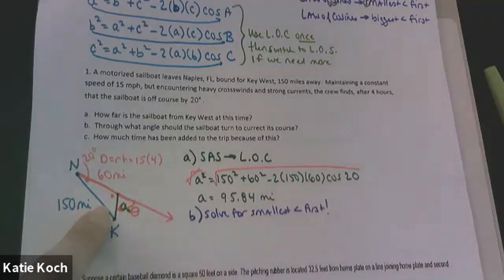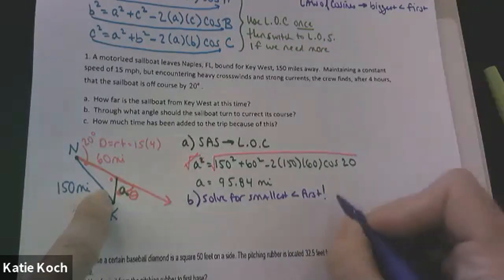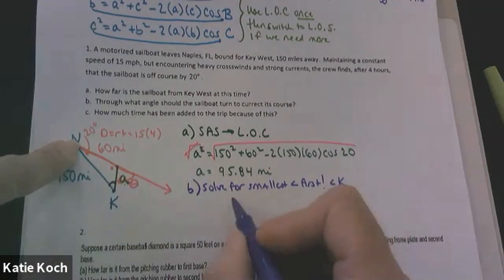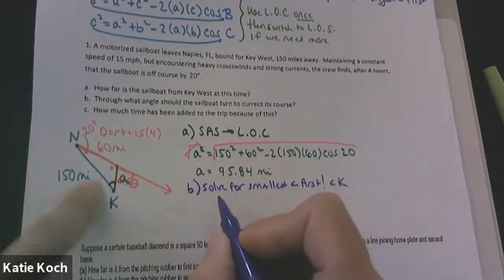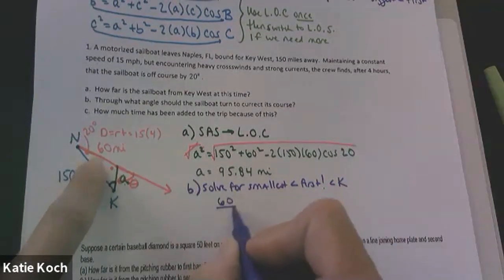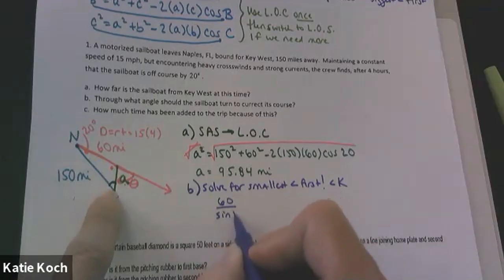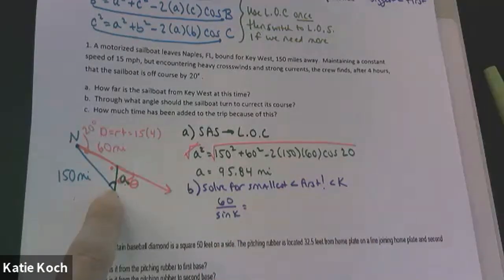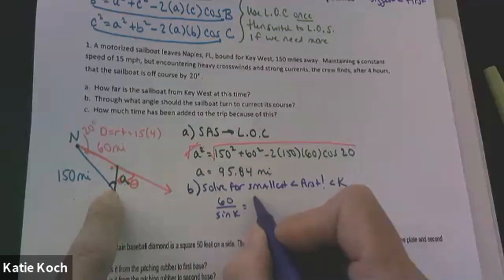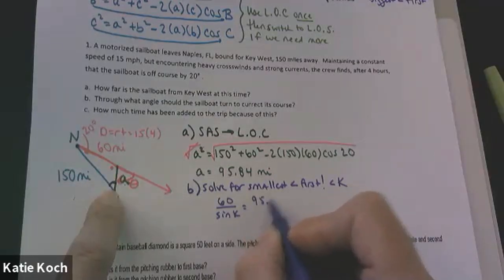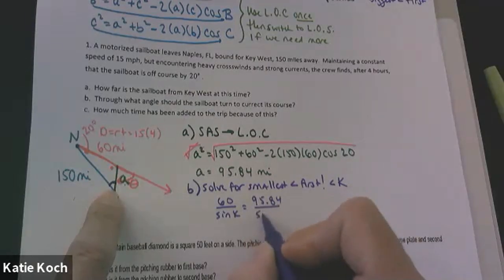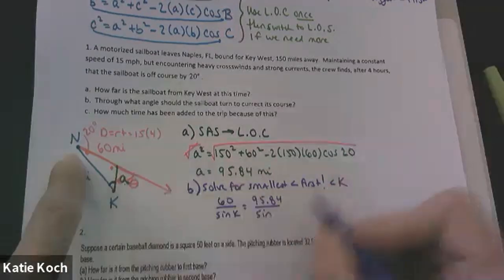In my triangle, the smallest angle is angle K. My 60 is across from the K, so the sine of K equals, and I figured out my 95.84, over the sine across from that side, which was the 20.